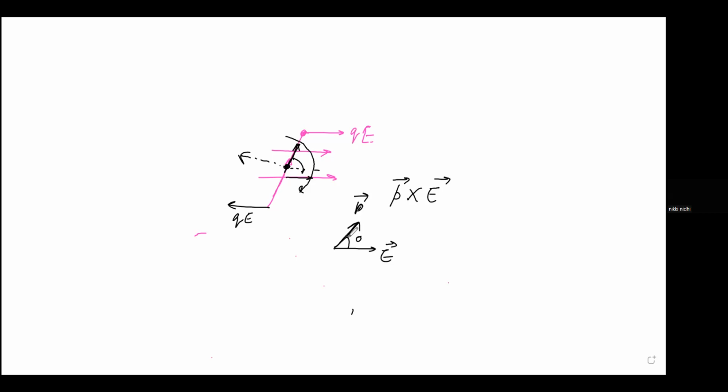Whatever it is, one thing is sure: if this is the plane in which these two vectors are, the direction depends on whether it is moving clockwise or anti-clockwise, whether the electric field is in this direction or that direction. But one thing is sure that the axis will be perpendicular, because from the first vector, if you try to move your fingers to the second vector, that will be perpendicular to the plane containing the two vectors. Understood? Yes, I got it.